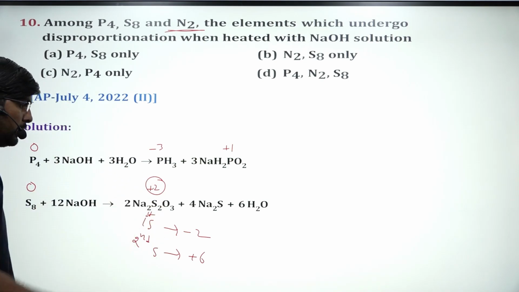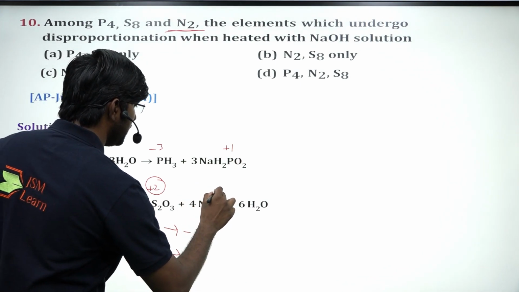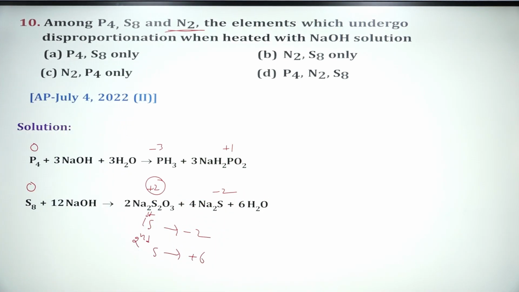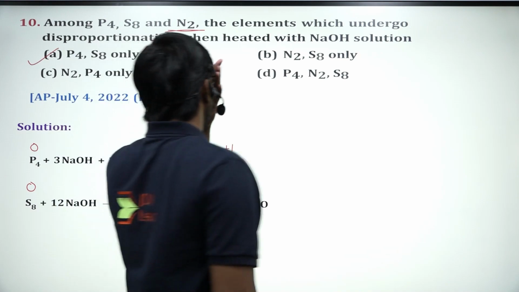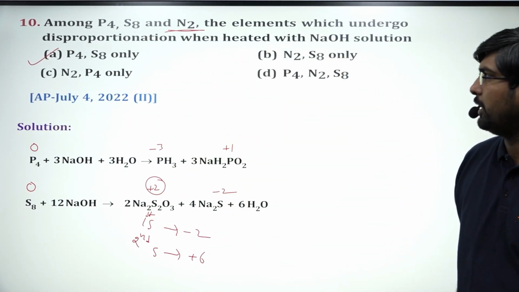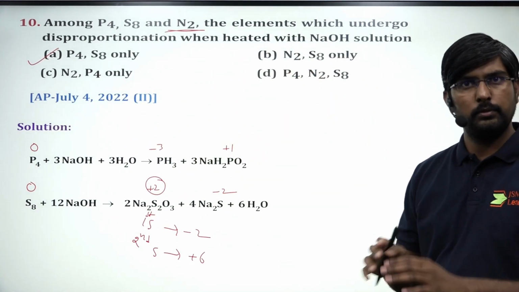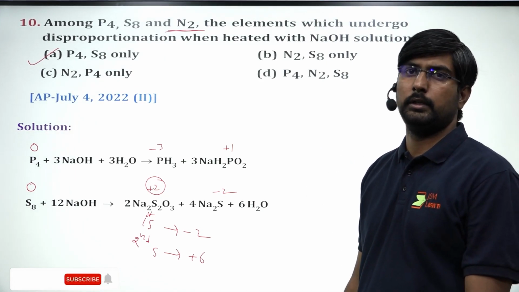This also I already explained in that video. And here sulphur is in -2 oxidation state. So 0 to +2 and 0 to -2, oxidation and reduction. So that's why phosphorus and sulphur only undergo disproportionation when heated with sodium hydroxide. Actually dinitrogen does not react with sodium hydroxide generally.